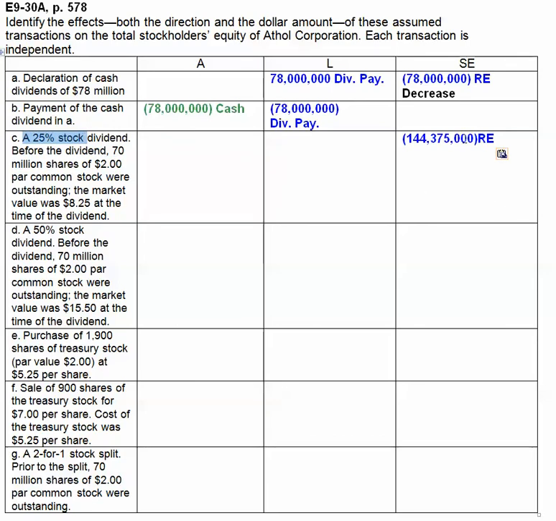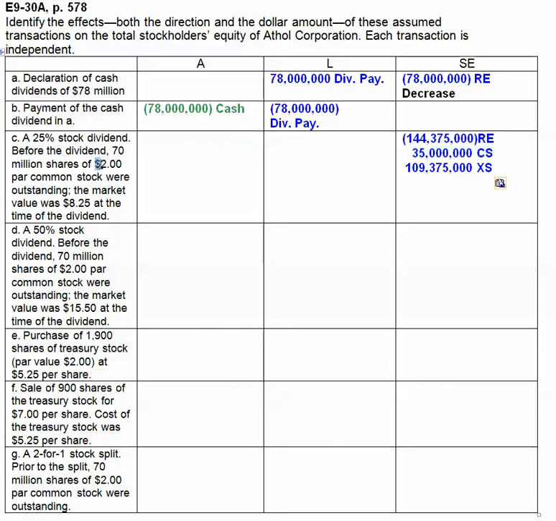Now, to balance you out, you're going to give them additional shares. The amount that goes into the common stock is your par times the number of additional shares issued.